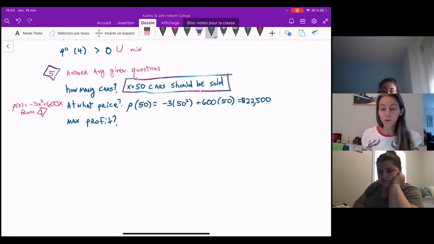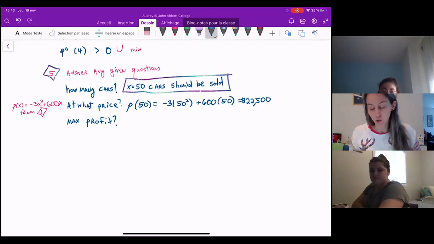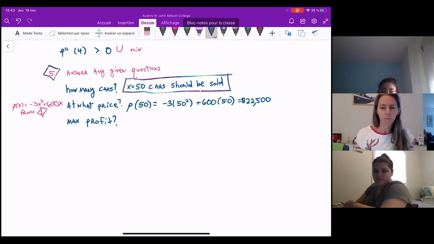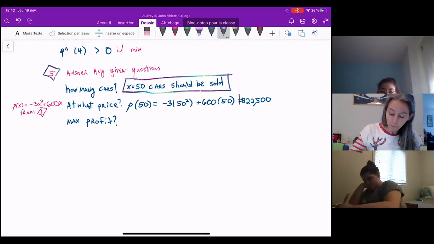So 22,500. So now we're seeing that these clown cars, if we're maximizing profit, actually cost $22,500, which is maybe a reasonable price for a car, although maybe not for a clown car.